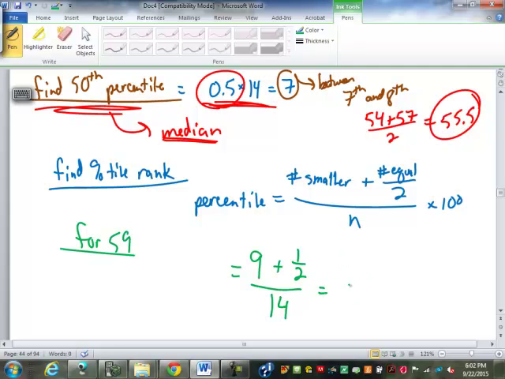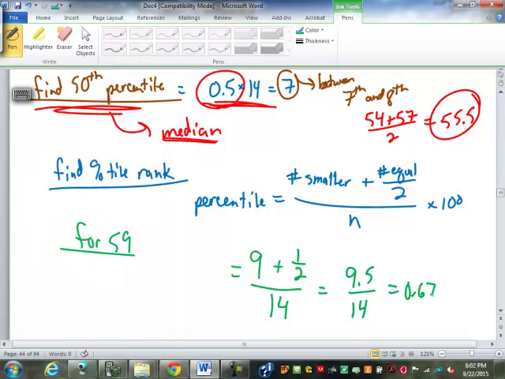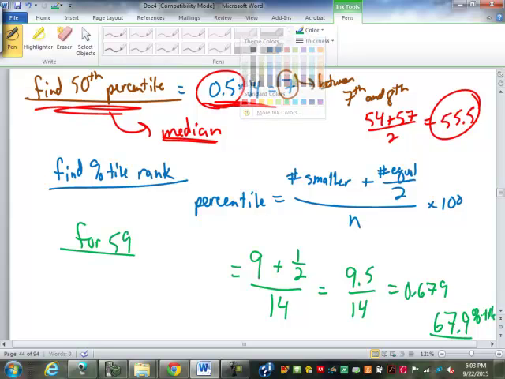So 9 plus 0.5 is 9.5 over 14, which divides out to be 0.679. Times 100 is 67.9. That's the 67.9 percentile. That's saying you scored at or better than 67.9% of the people who took that particular assessment.